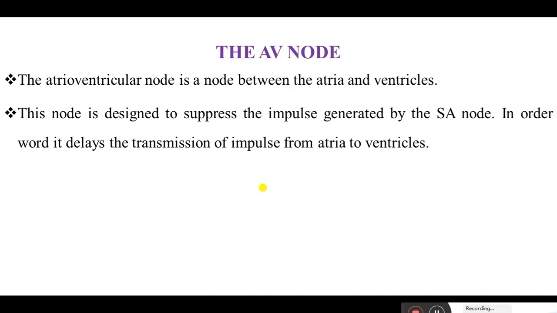This node is designed to suppress the impulse generated by the sinoatrial node. In other words, it delays the transmission of the impulse from the atria to the ventricles. The main reason is to ensure the atria are completely contracted and the ventricles are completely filled with blood before they contract.